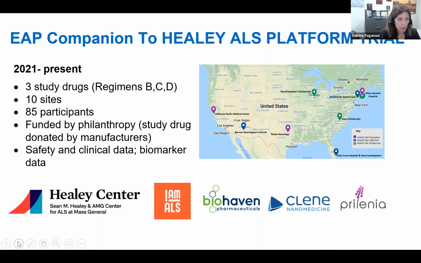So the slide here shows that so far we have implemented 3 EAPs. Each is an intermediate size protocol. They have been deployed at 10 sites, and we selected the sites with attention to geography to make sure that there will be geographic access, not just in one area of the country, but throughout the United States. And so far, we have included 85 participants.